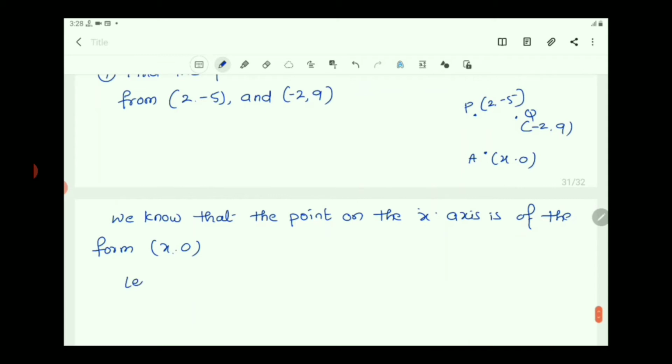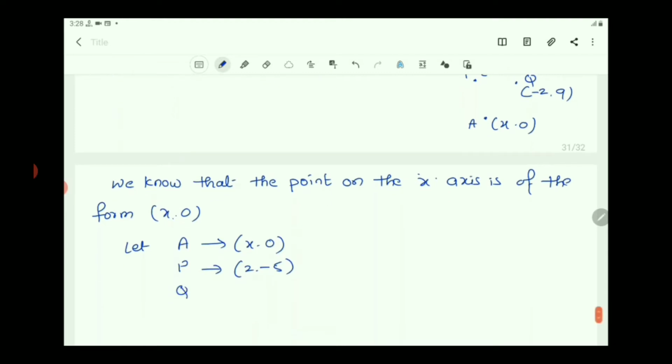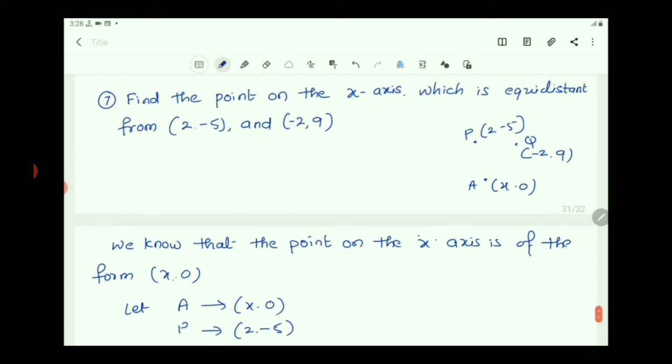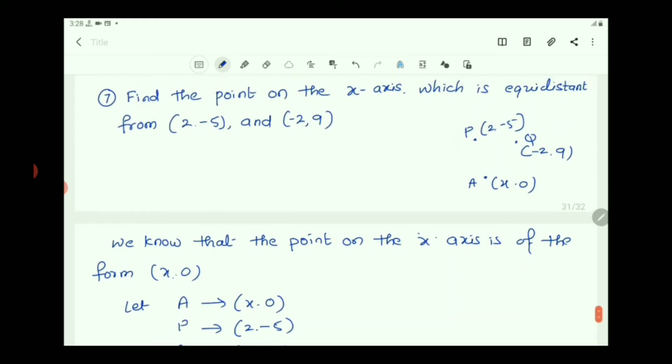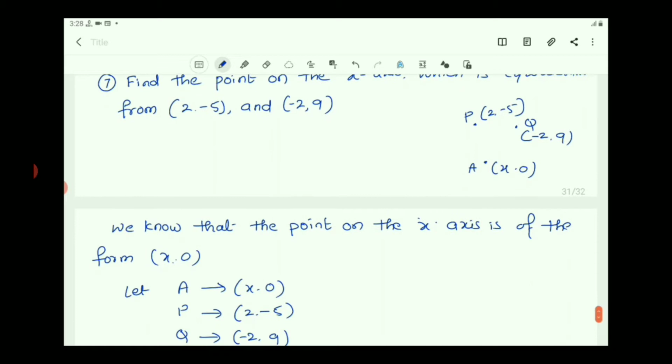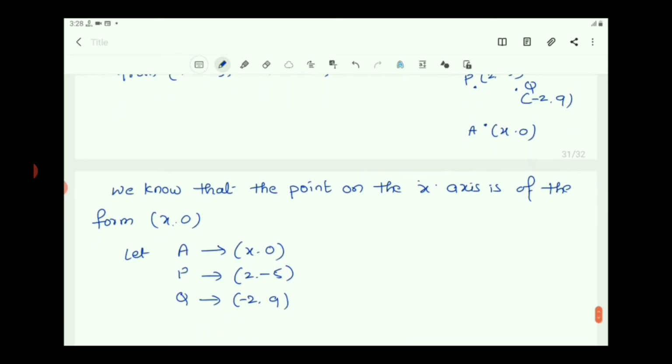So let A be a point with coordinates (x, 0), P a point with coordinates (2, -5), and Q a point with coordinates (-2, 9). The points P and Q are equidistant from the point on the x-axis, so you can have AP equals AQ. The distance of the point P from A equals the distance of the point Q from A.